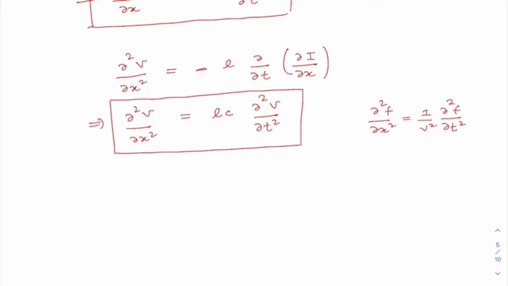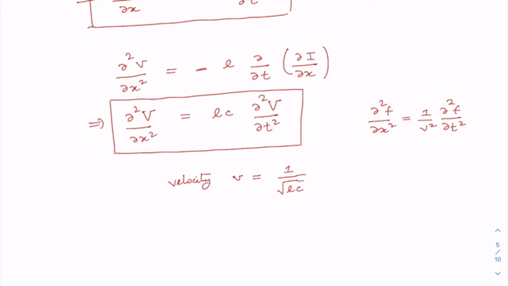From the classical wave equation, the velocity, so don't get confused with this V, this is capital V, voltage, then the velocity, that is small v, is equal to 1 divided by square root of LC.